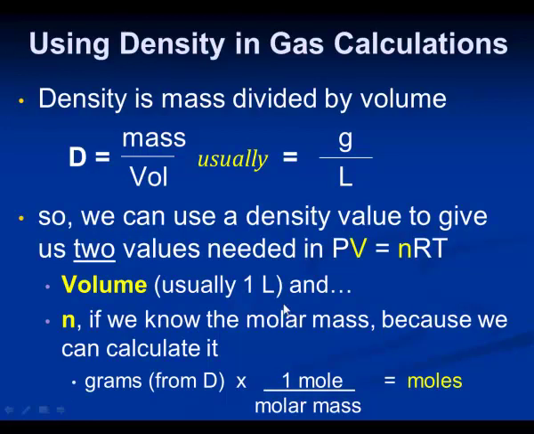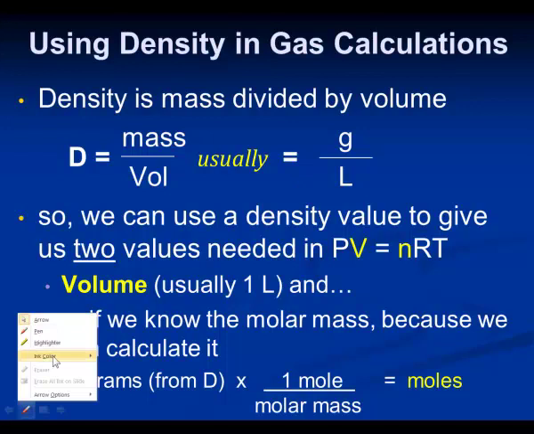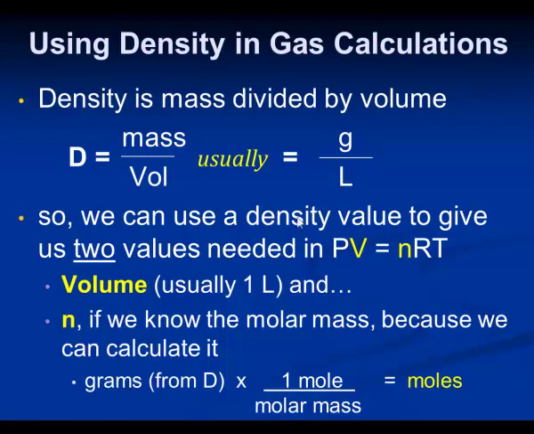What is important, and you'll find several questions on your test that relate to this idea, is the relationship between density and gases. The density is the mass over volume, and for gases the units are virtually always going to be grams per liter.